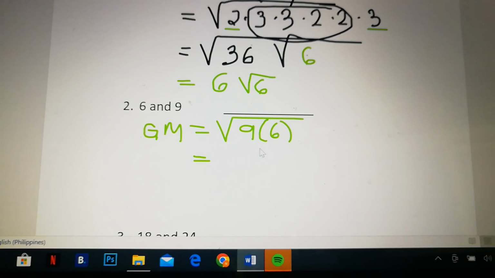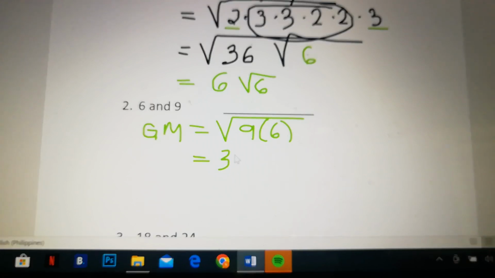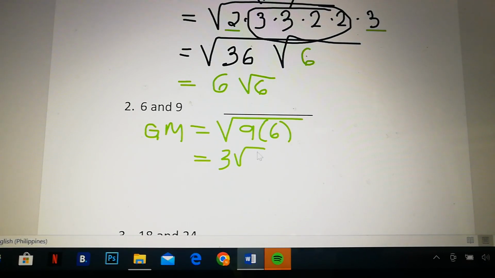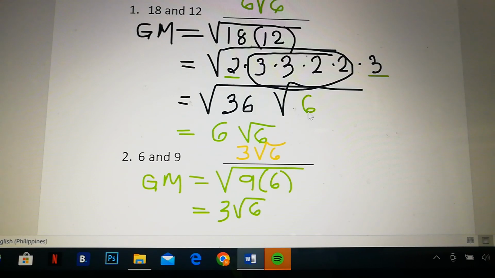Instead of changing it to its prime factors, no need. So just get the square root of 9 equal to 3 and square root of 6. So your geometric mean is just 3 square root of 6. So answer, 3 square root of 6.